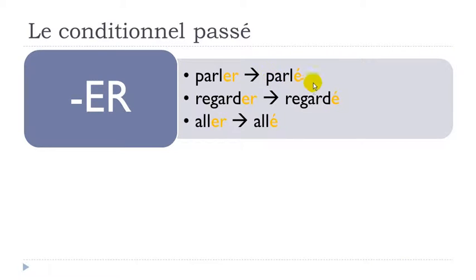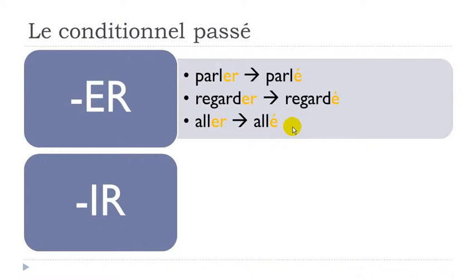The second part that you will use for this conditionnel passé will be written like that if the verb belongs to the first group. Even the verb aller, to go, remember, it's a tricky verb when you conjugate it, especially at the present form, but for this past participle it is quite easy because it goes like A, L, L, E, accent aigu. So it follows the same rule, this ER becomes E.